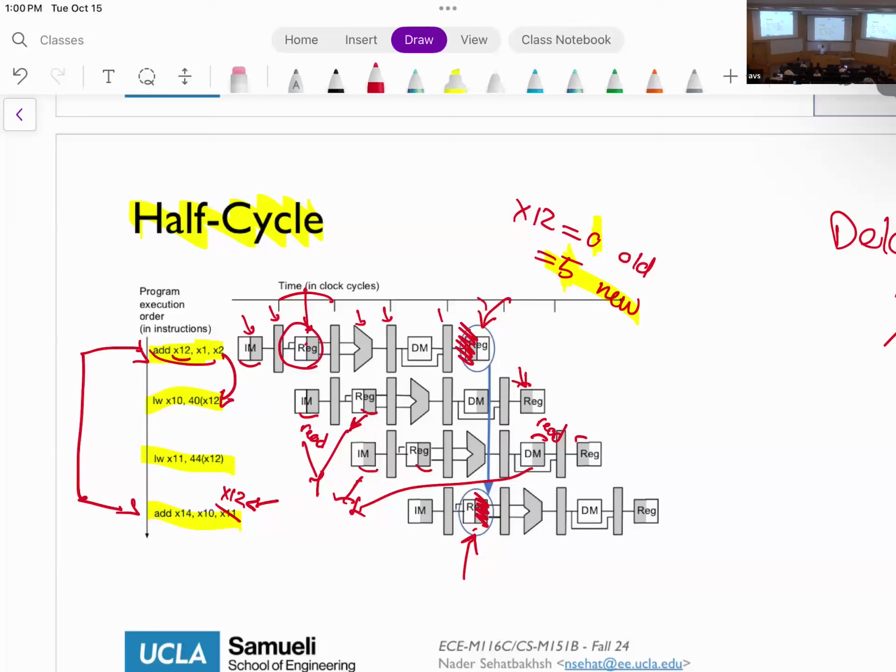So the question is, what if we are writing at the same time, like two different instructions writing to the same register at the same time? That won't happen, right? Always only one instruction is in the write back. We don't have multiple instructions in the write back.